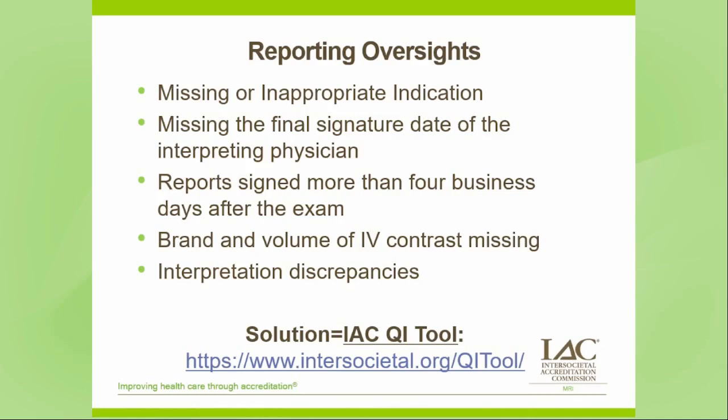Common pitfalls include a header for this section with no text or inappropriate text. Some examples of inappropriate text for the indication include, but are certainly not limited to, a statement that indicates that the history is not available, a description of the area of interest without any other data, a description of the patient's age, and sometimes we get right knee pain for a left knee MRI.